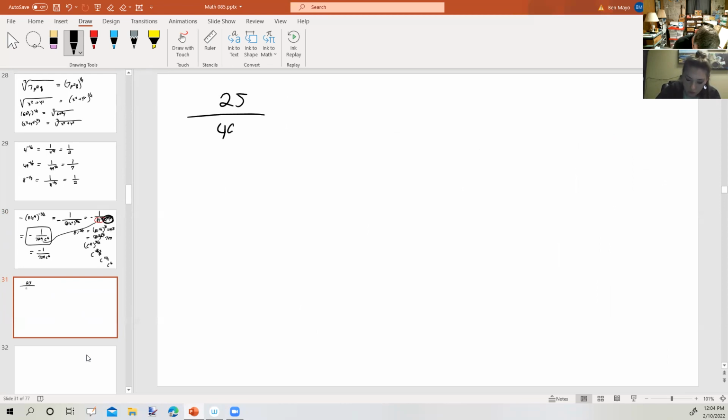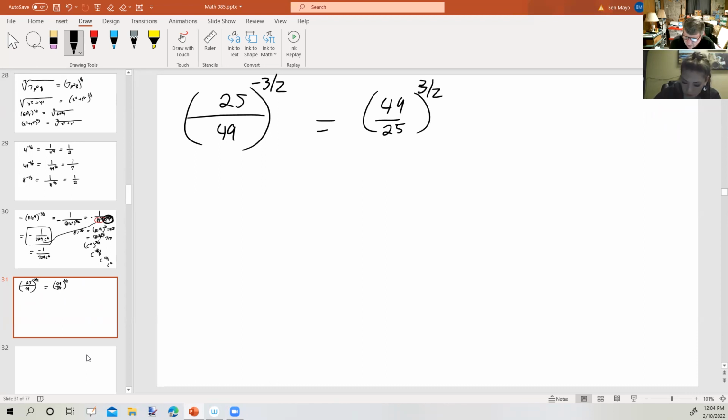25 over 49, all to the negative 3/2 power. So the first thing we're going to do is take the reciprocal of the base, which makes the exponent change sign. So now it's a positive 3/2.